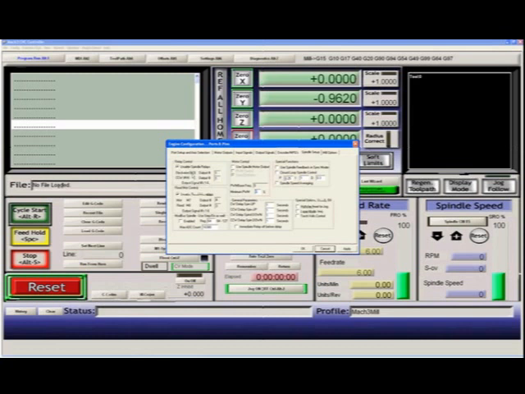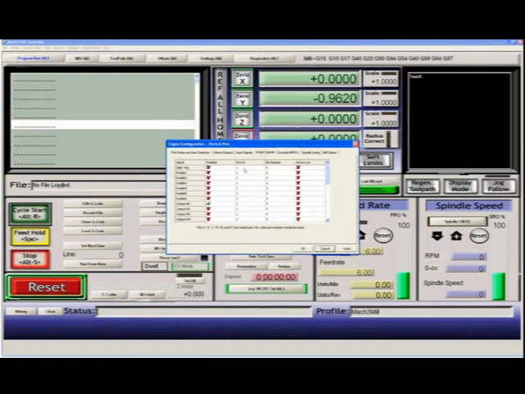First thing is, uncheck the disable spindle relays and set the relay number that you wish to use for your spindle. In this case, you'll see I have it set for output number 1 for clockwise and output number 1 for counterclockwise. I'm going to apply that and now go to the output signals. And you can see that we have outputs 1, 2, 3, 4, 5, and 6.